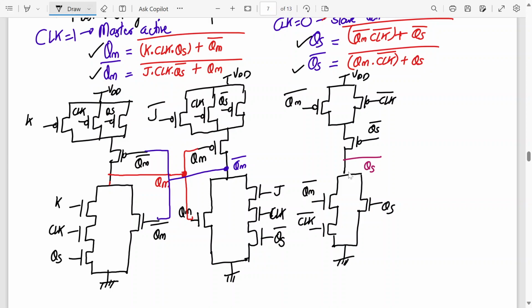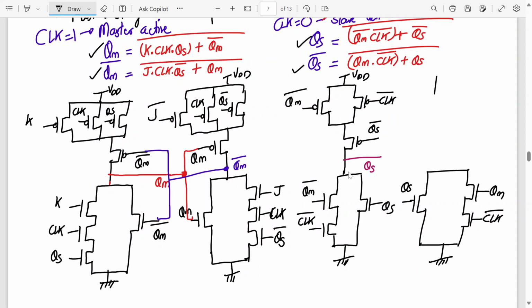Now I'll draw it for QS bar. So here we'll have another two transistors in series. I hope you are drawing at your end. This is QM, this is clock bar, and this is QS, right? This QS only. Now let me check.